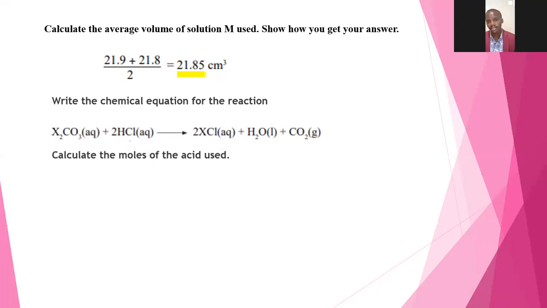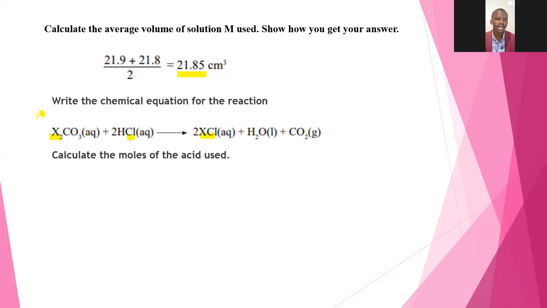The chloride ion from the acid combines with this X ion to form X chloride. Why do we say that it will be like this? Check here. You can even write this one as separate ions.